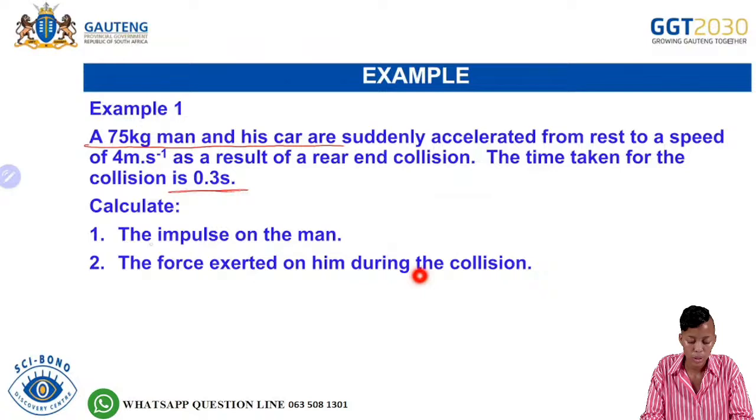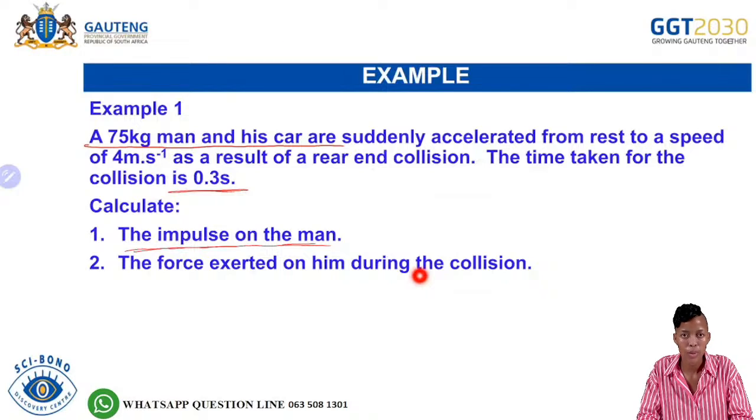You need to calculate the impulse on the man, and then the force that is exerted on him during the collision. Okay, learners, before we continue, let's take a 2 minute break, and then we can continue with this example.